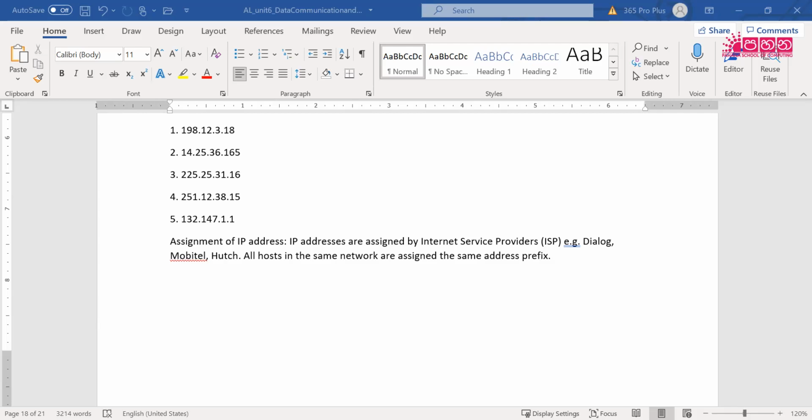For example, when we have class A IP addresses, we can have a small subnet. That's exactly what we are going to do.